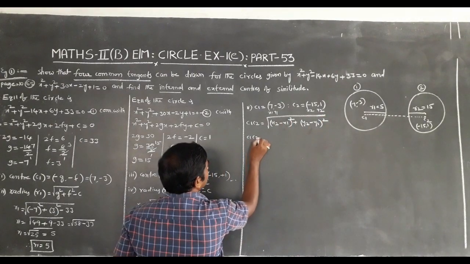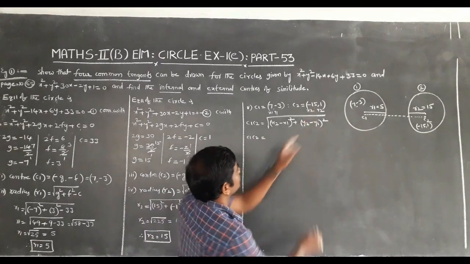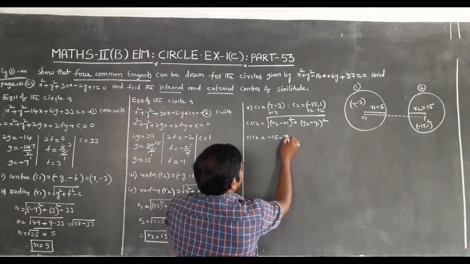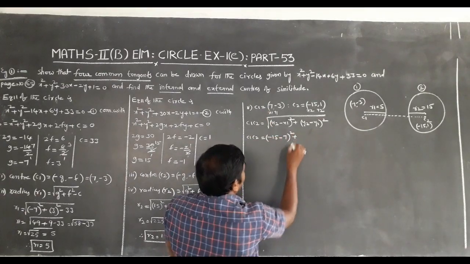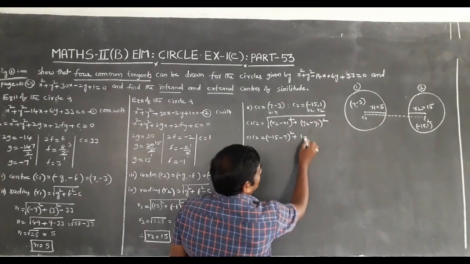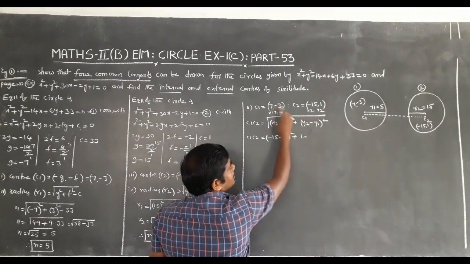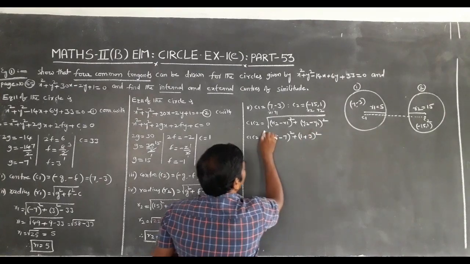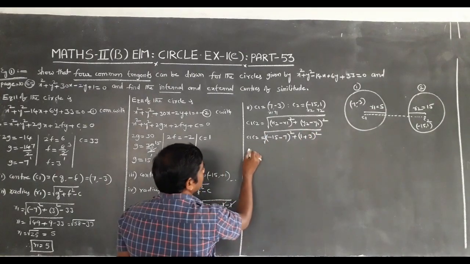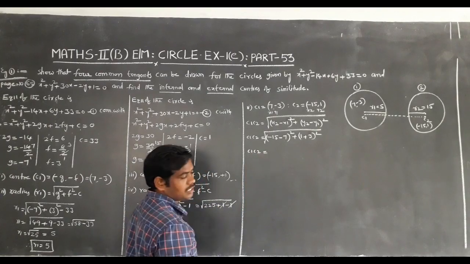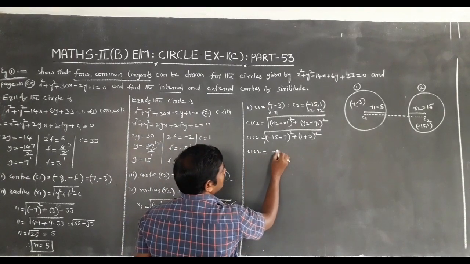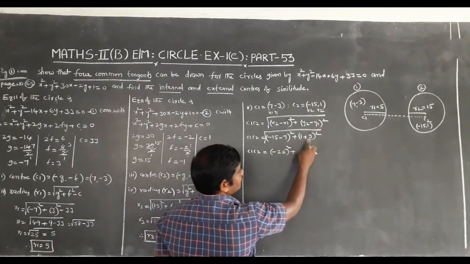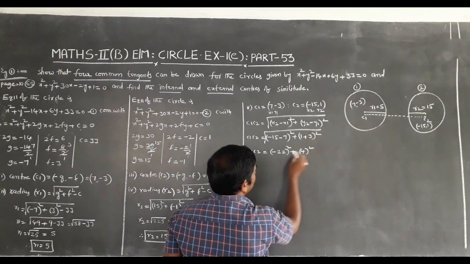C1C2 is equal to under root of minus 15 minus 7, that is minus 22, whole square plus 1 plus 3, that is 4, whole square.